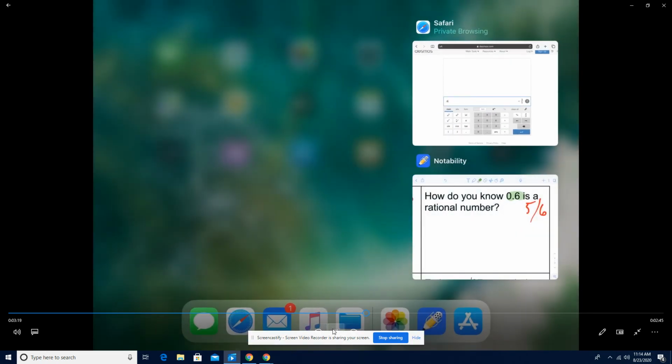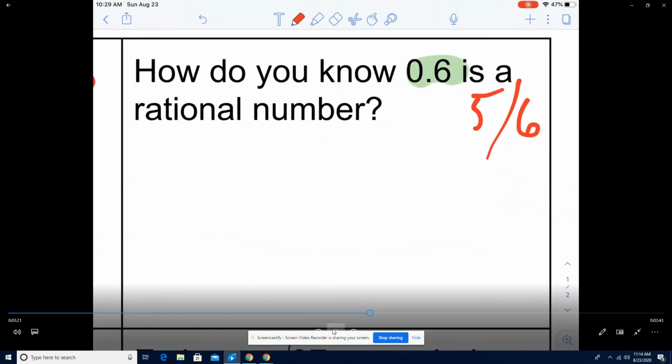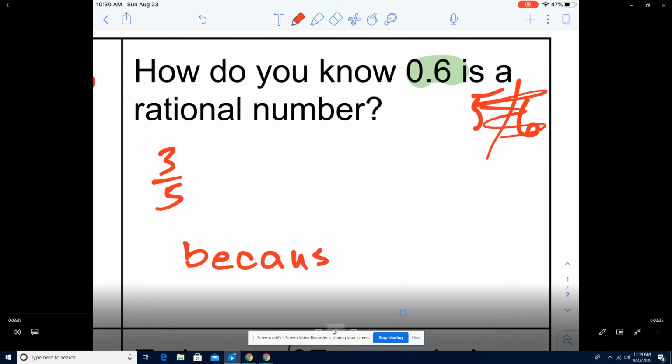It's 3/5. And so because I can write it as a fraction, it is a rational number.